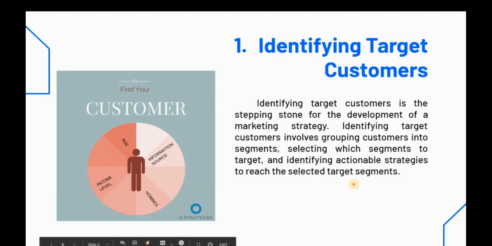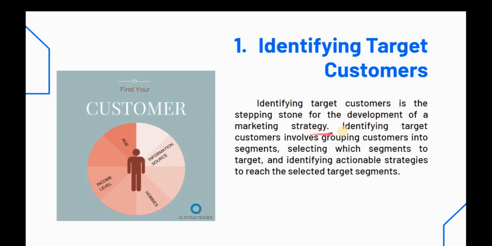So number one is to identify target customers. When we say identifying target customers, let's be perfectly clear that this does not pertain to target market. Those are two different things, okay? Target customers is someone that will give you the information of the same age, the same income level, same hobbies, same information source.